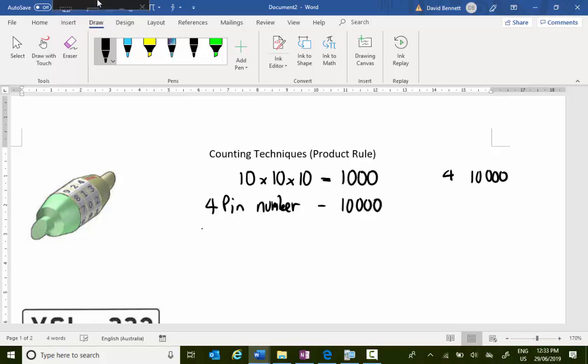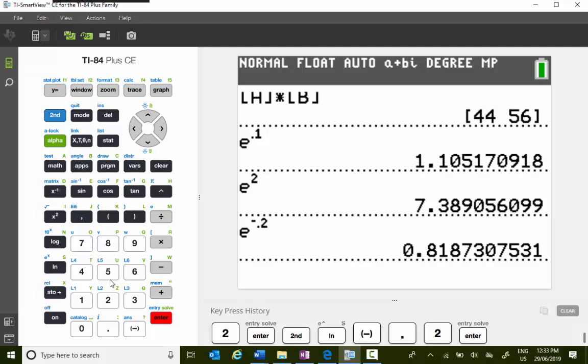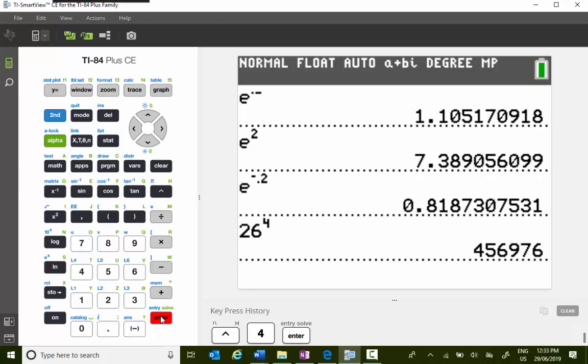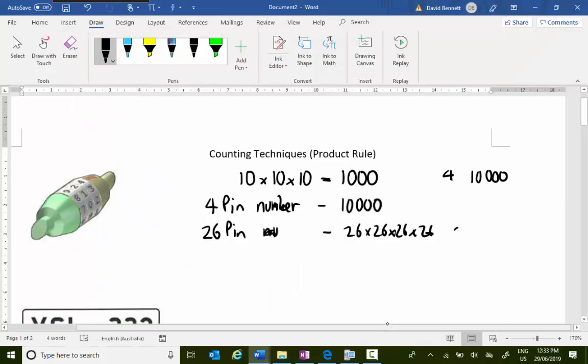If you were using letters, then a 4-letter combination would be 26 times 26 times 26 times 26, or we could say 26 to the power of 4. How many would that be? Well, 26 to the power of 4 is 456,000 combinations. Let's say it's approximately 460,000 just for ease.